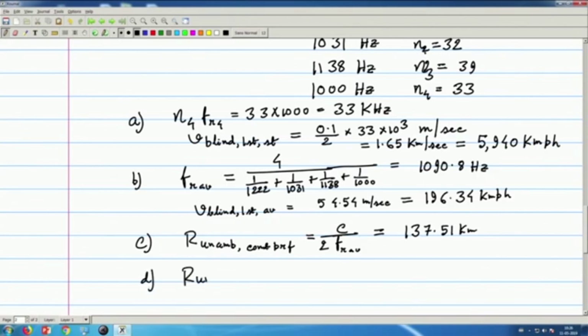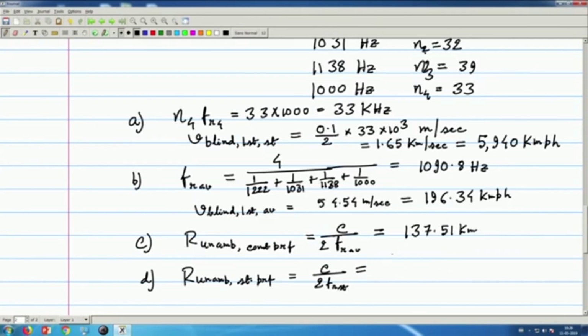So, R unambiguous for the staggered PRF, in that case, is C by 2 FR staggered. FR staggered we have already found out, it is 33 kilohertz.